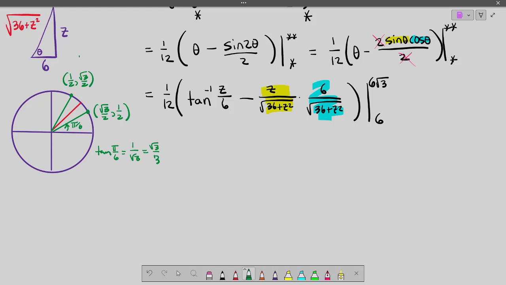Tangent of pi over 3, again, rise over run, y over x, you get root 3. So at pi over 3, the slope, the tangent, is root 3. And at pi over 6, it's 1/3 of root 3.